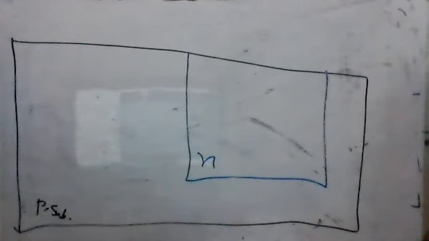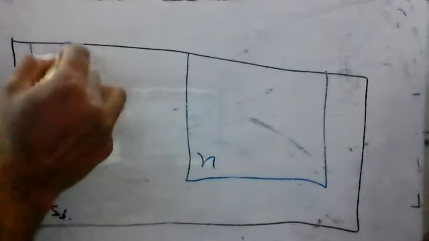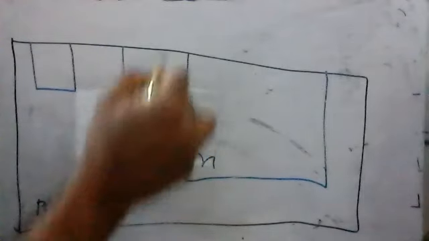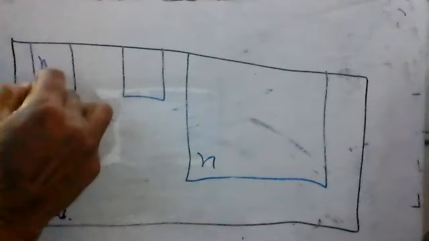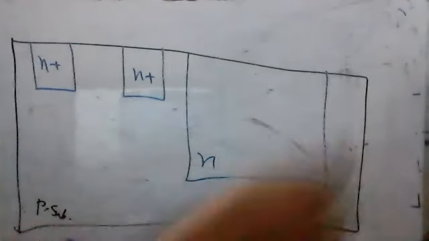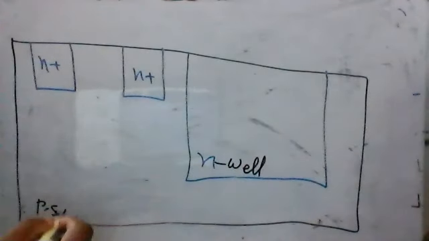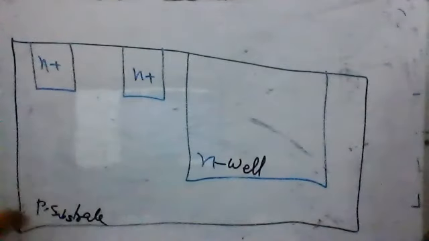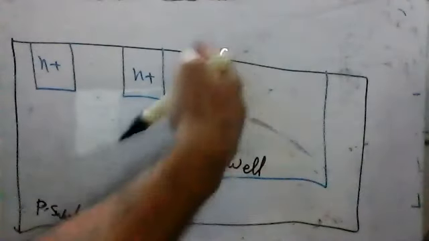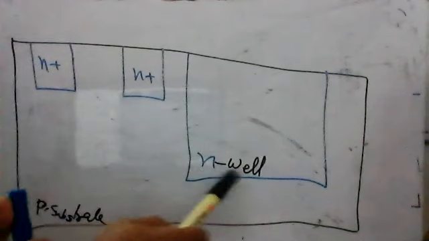And now, we make another N-type area here, called N plus. This is known as the N-well. This whole thing is called the P-type substrate, and almost half of the area is diffused with N-type material, and we call it the N-well.